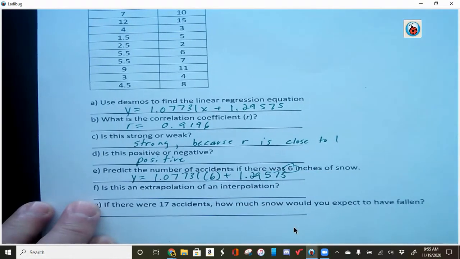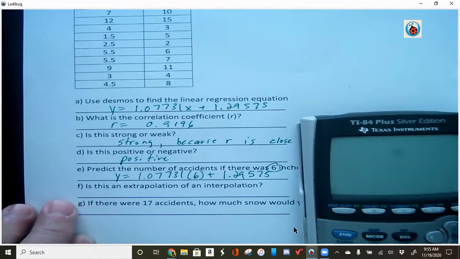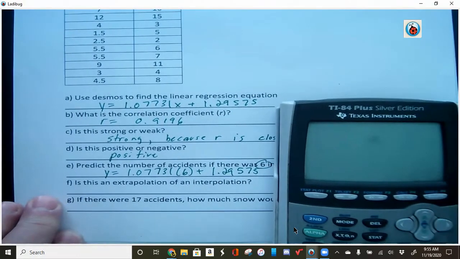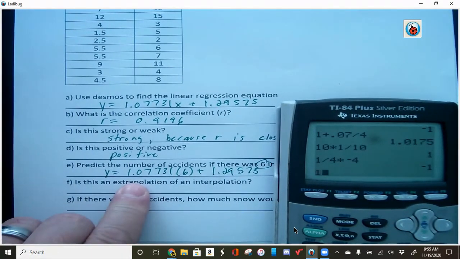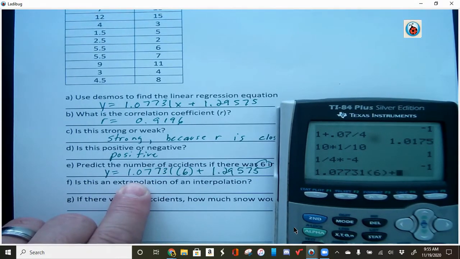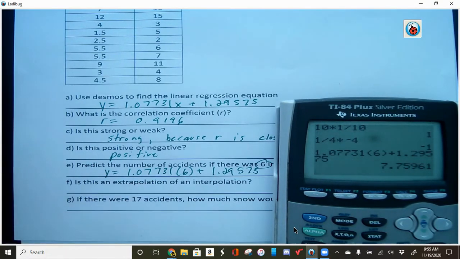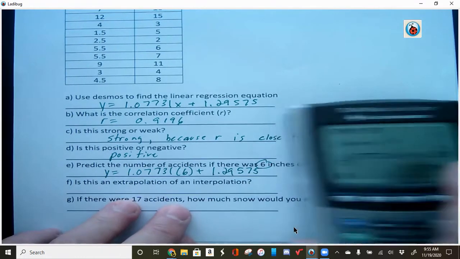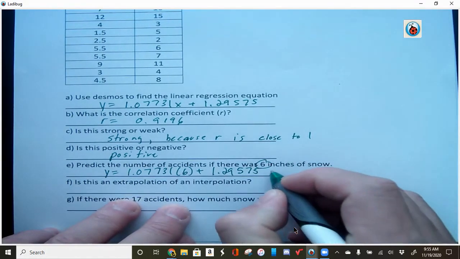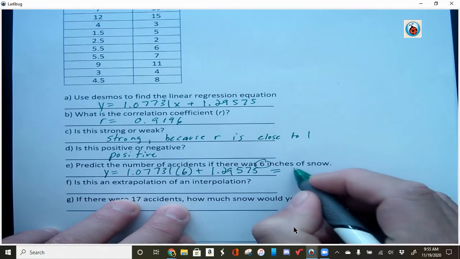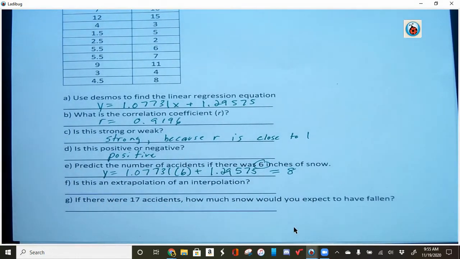As I've shown you in previous classes, you can type that into Desmos, but I've got my calculator right here. And I get 7.75961. I will not use all of those decimals because we can't have a partial accident. All right, so I will go ahead and round that to the nearest whole number, and I get 8.